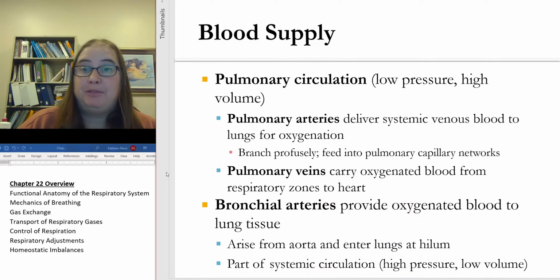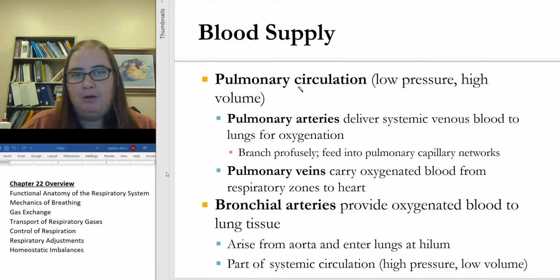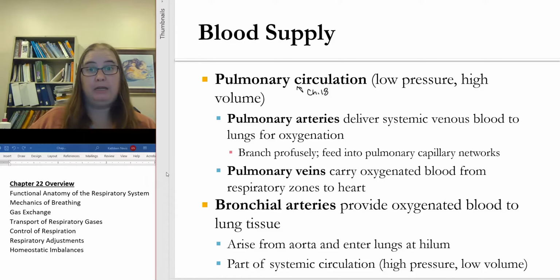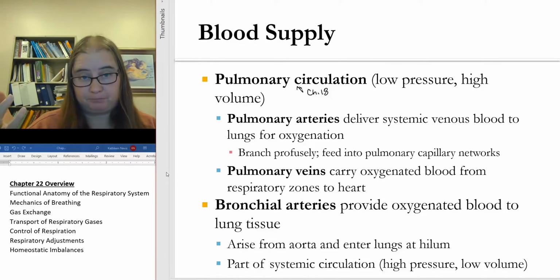When we think about the blood supply to the lung, again, we have two blood supplies. We have our pulmonary circulation. This is what we talked about when we discussed the flow of blood in chapter 18, right? The right side of the heart brings blood to the lungs so that it can be oxygenated and we can drop off CO2.